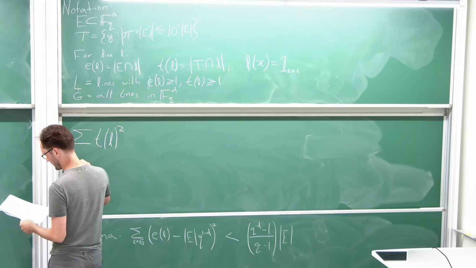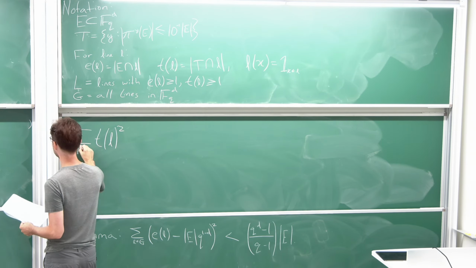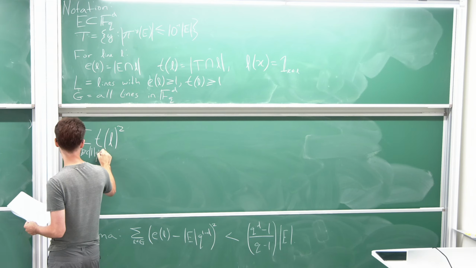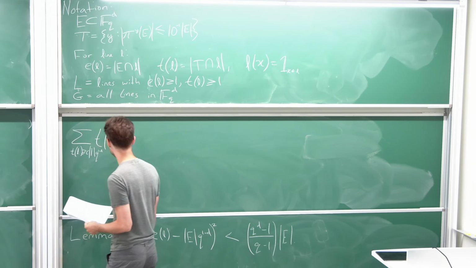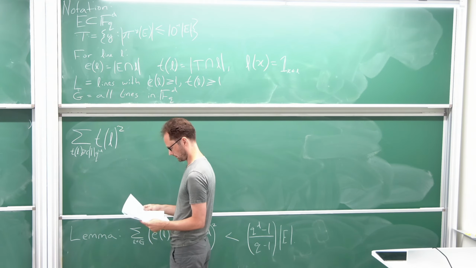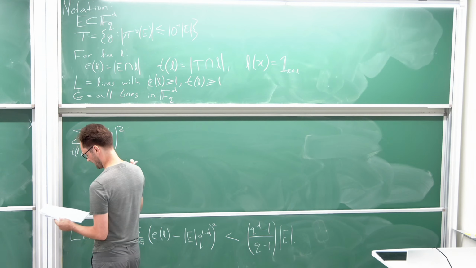So now we have the sum of T of L squared, and the assumption is that T of L is at least C times cardinality T times Q divided by Q to the D minus 1.